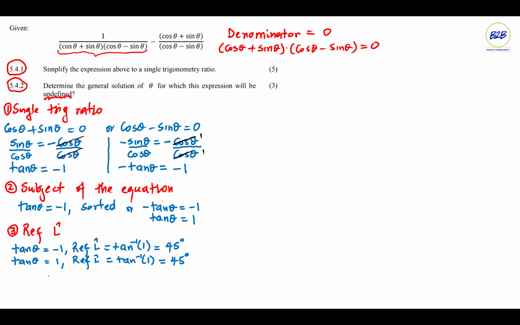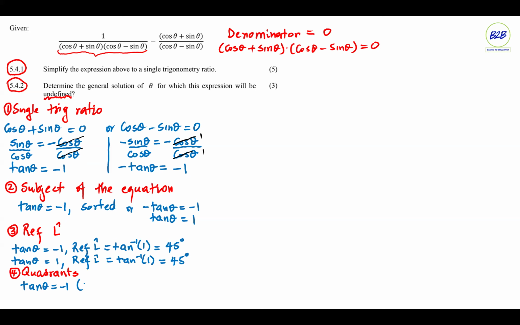Right. Now let us move into the fourth step, which is to choose now the quadrants. To choose the quadrants that we are going to use. For tan theta equal to -1, which quadrants are we going to use?